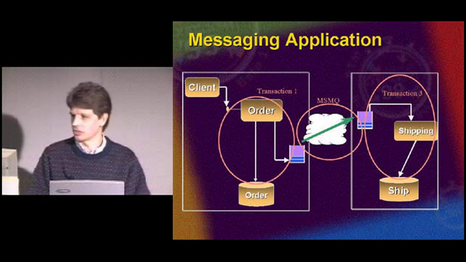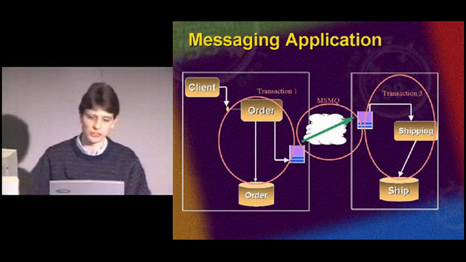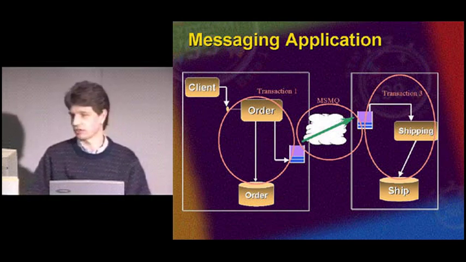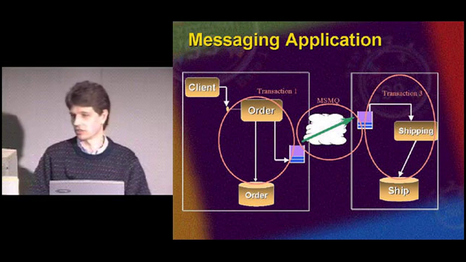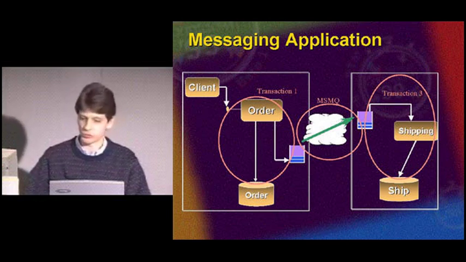So we can guarantee that the ship request will only be put into the database if the message is taken off the queue, and vice versa. So in this case we have 3 independent transactions making up the original business transaction, and we've got no loss of data integrity because everything's transactional, and we decompose the work into multiple pieces.